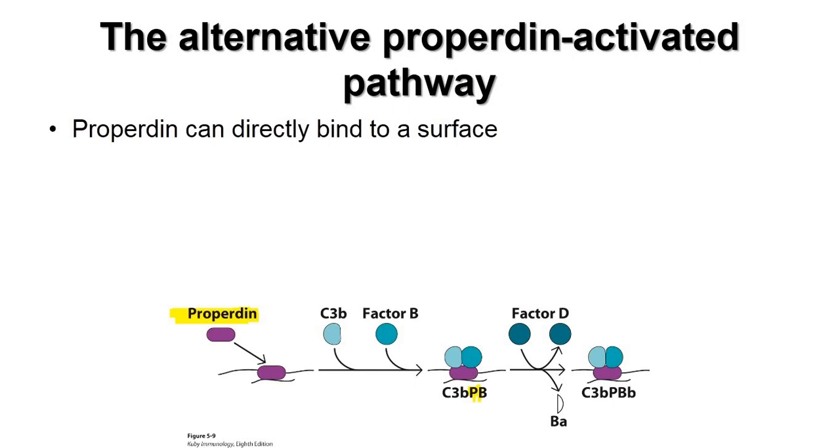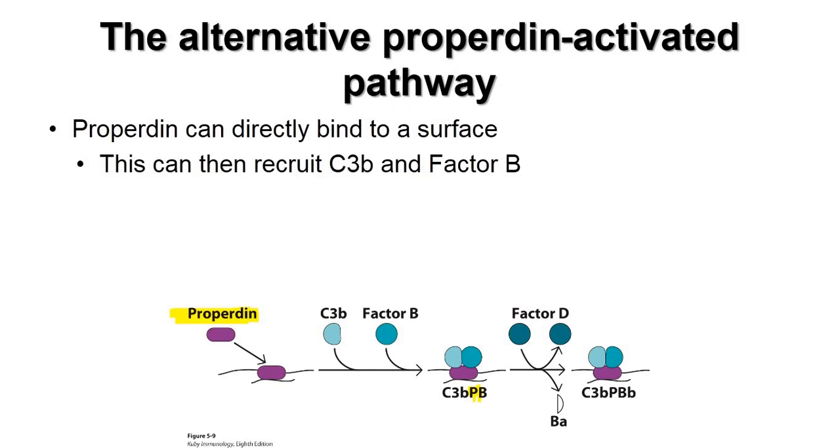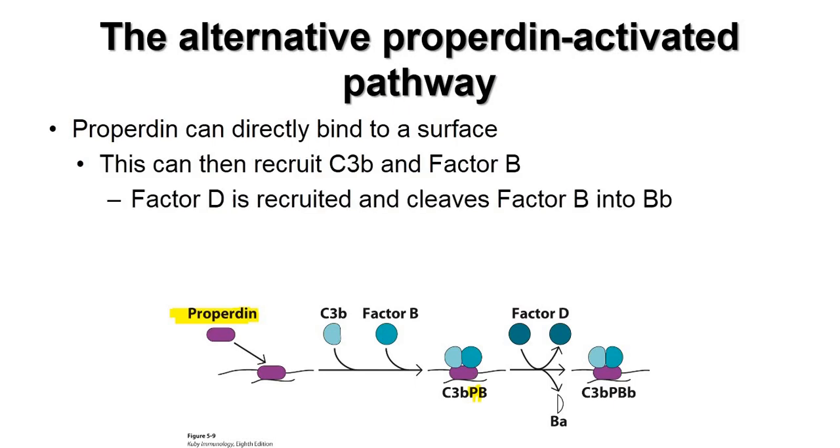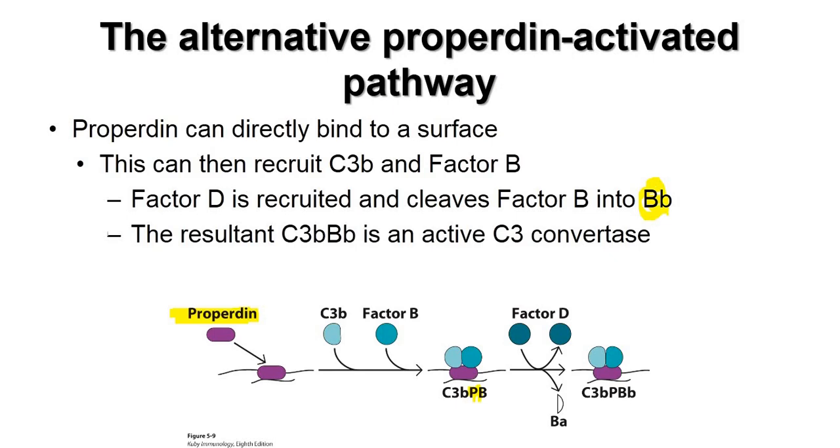Properdin can directly bind to the surface and can recruit C3b and factor B. Factor D is recruited and cleaves factor B into two parts, Ba and Bb, and the resultant C3bBb is an active C3 convertase. What is the biochemical nature of C3bBb? This is the active biochemical C3 convertase.